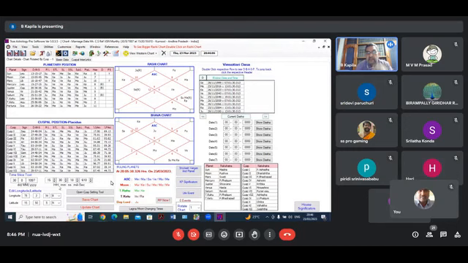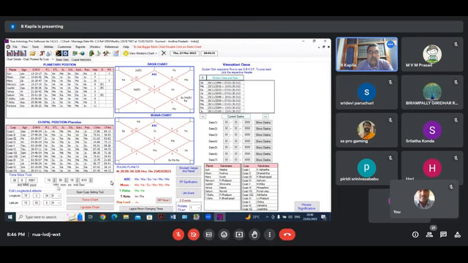The normal age of marriage, as fixed by the government, is 22 years. At the same time, if 5, 7 and 11 are linked to 1, 3 and 9, then you can say with certainty that the marriage of such a native will be an early marriage.